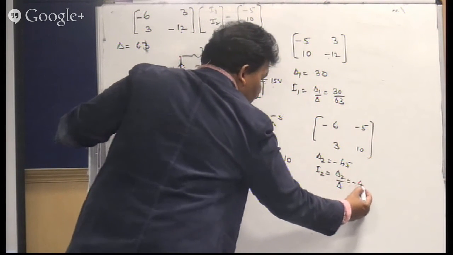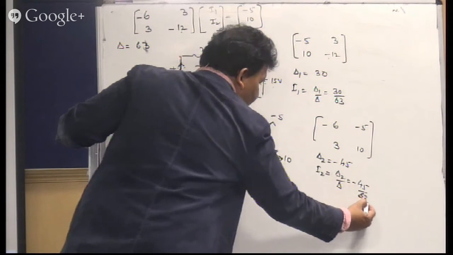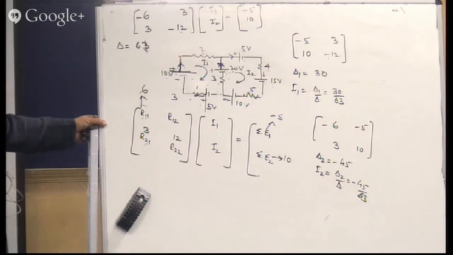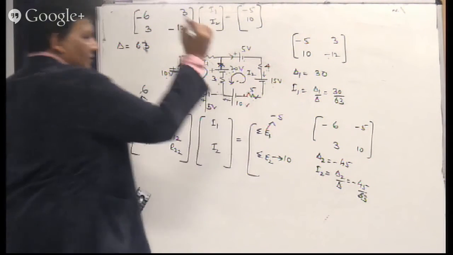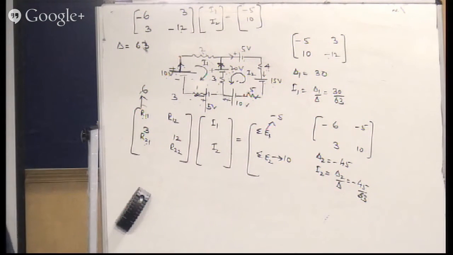Δ2/Δ -45/, नेगेटिव का मतलब क्या हुआ, this current goes like, अंडरस्टूड, यस और नो? करो करो करो, फिर एक सवाल और देते हैं, प्रैक्टिस हो जाएगी.